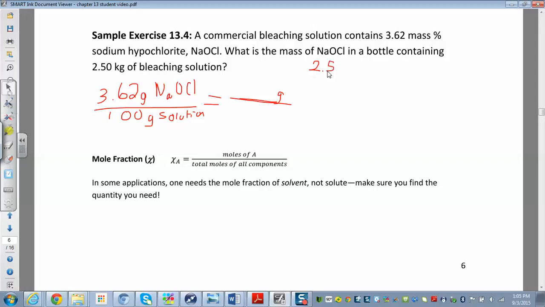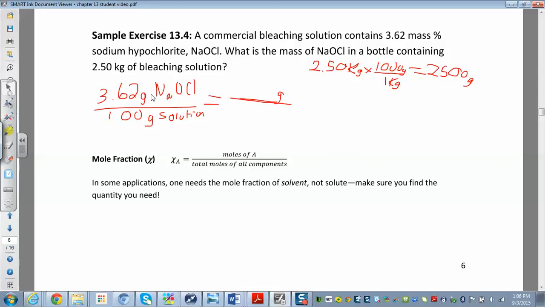So if I have 2.5 kilograms, and I know, if you remember all our conversion factors, 1 kilogram means I have 1,000 grams, so that's 2,500 grams of solution. And now I can just set it up over here.